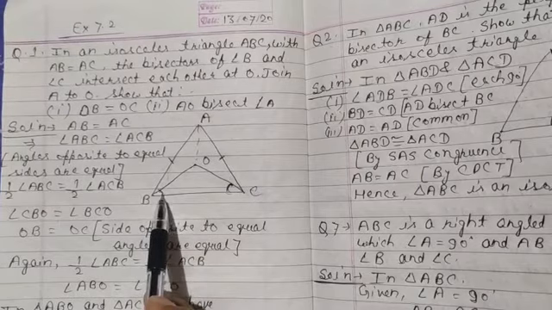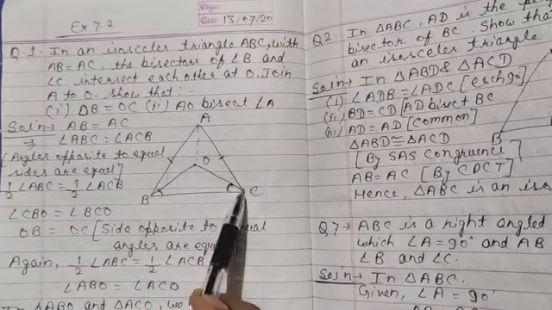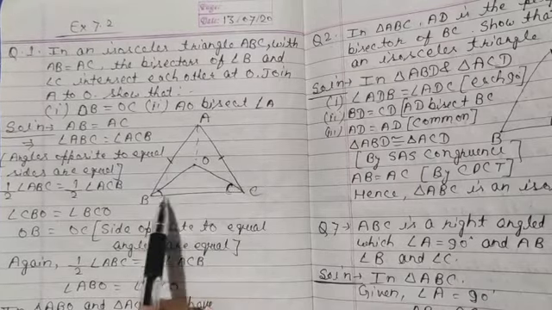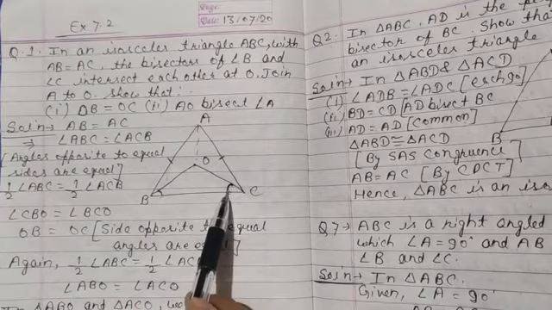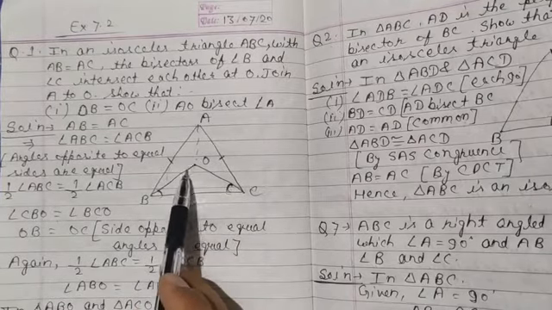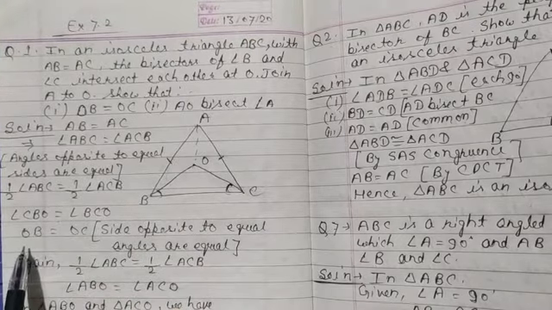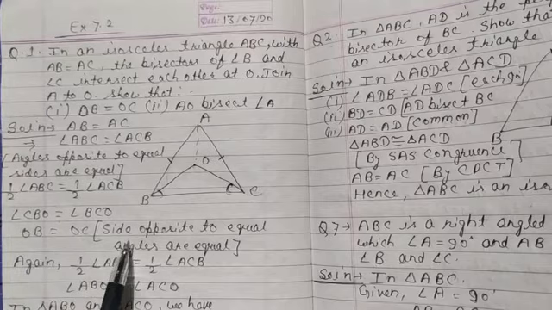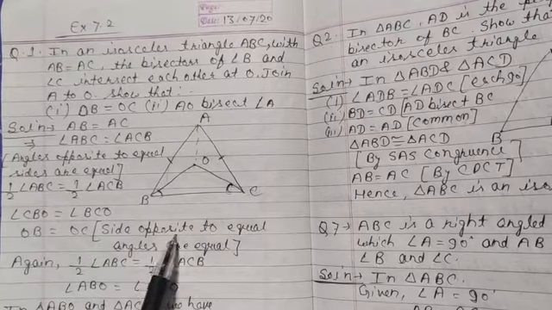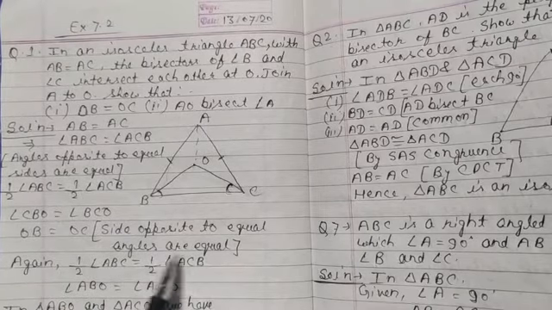Opposite to angle CBO is OC, and opposite to angle BCO is OB. So OB is equal to OC. Reason: sides opposite to equal angles are equal.